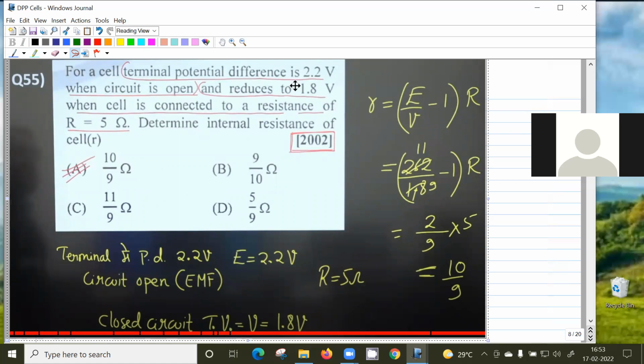For a cell, the terminal potential difference is 2.2 when the circuit is open and reduces to 1.8. This is also very simple. You have two equations and two unknowns. Is it clear? Just read this one.